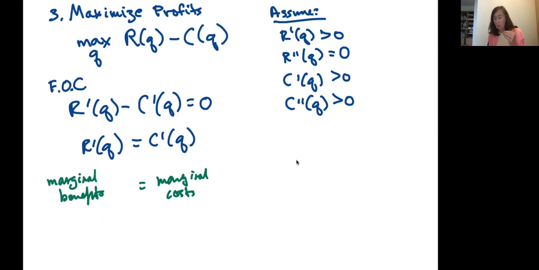If you're at the point where the beneficial part of what you're doing is increasing faster than the costly part, you should keep increasing. If you're at the part where the costs are increasing faster than the benefits, you should make a little bit less. You want to get to the point where the rate at which benefits are increasing is exactly balanced by the rate at which costs are increasing.